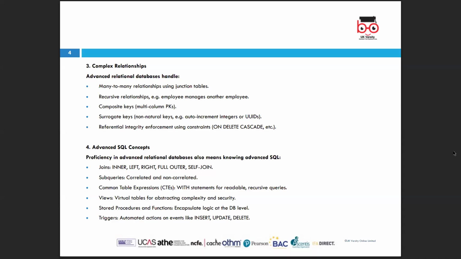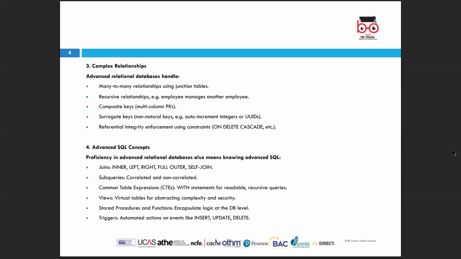Composite keys, such as multi-column primary keys, and surrogate keys, which are non-natural keys, auto-incremented integers, and UUIDs. Referential integrity enforcement using constraints.